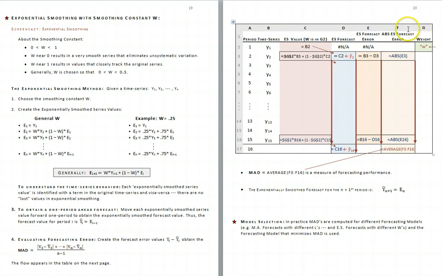The magnitude of the exponentially smooth forecast error is computed also as with moving averages using Excel's absolute value function. The MAD is computed again as in moving averages as the average magnitude of the forecast error.